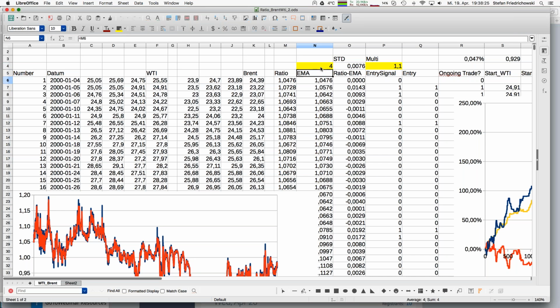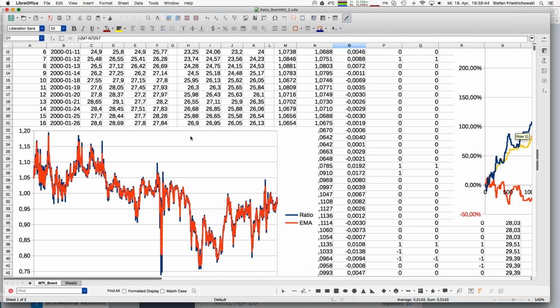So then we create the EMA on that ratio. Finally, what we do here is build the difference between the actual ratio and the EMA on that ratio. And that will give us later the entry signals.